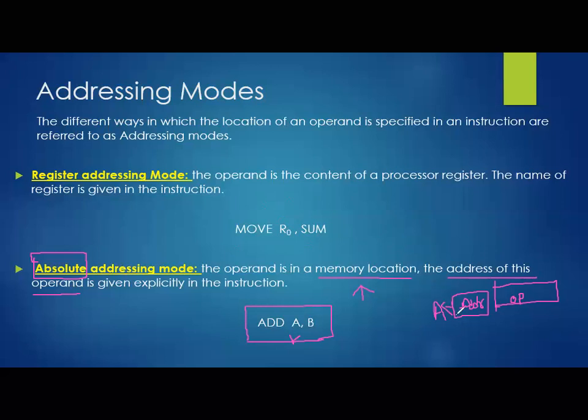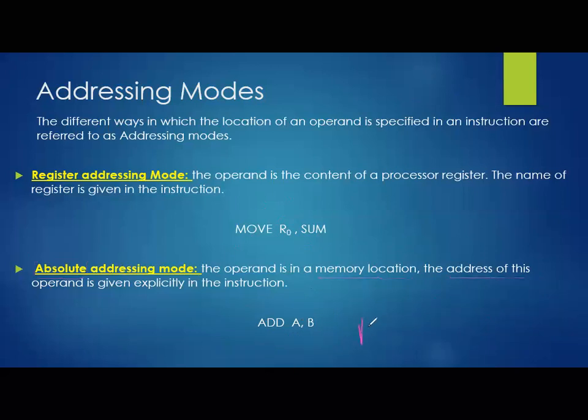So wherever we specify capital A in our instruction, that is nothing but this particular address. Clear? Then wherever we specify this A, we are targeting the operand. So direct address will be specified in your instruction. If that is the case, we call it absolute addressing mode.